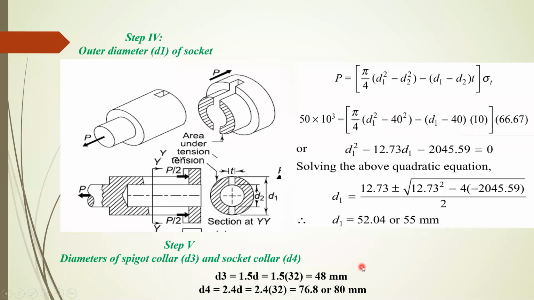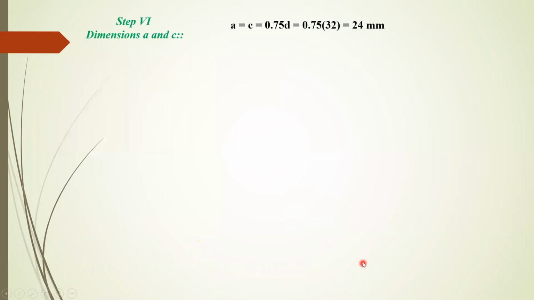These are the outer diameters of the collars. Step number 6 again uses empirical dimensions A and C, 0.75 times the rod diameter, so it is 24 mm. These are the thicknesses, the distances A and C.